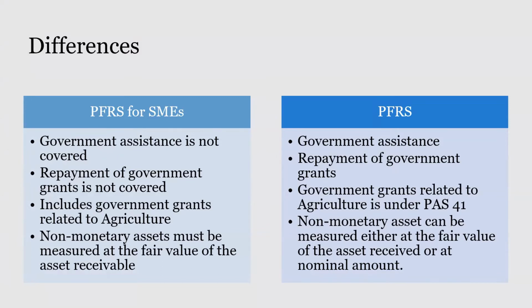Sa full PFRS naman, hindi siya covered ng section na to kasi covered siya dun sa PAS 41, which is agriculture. Sa PFRS for SMEs, yung mga non-monetary assets must be measured at the fair value of the asset received. While sa full PFRS, it can be measured either at the fair value of the asset received or at the nominal amount.